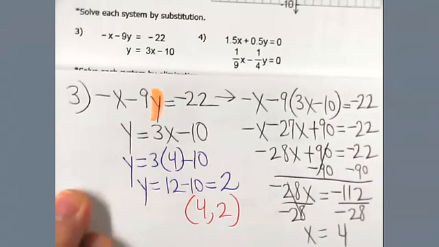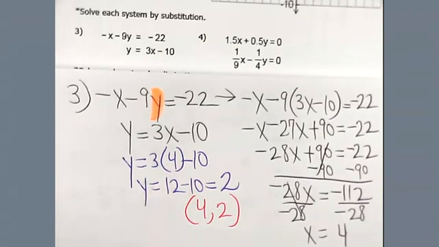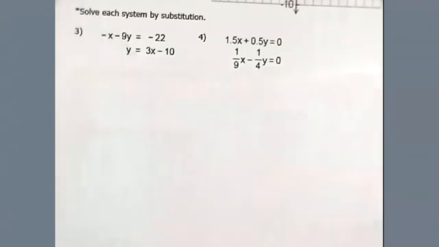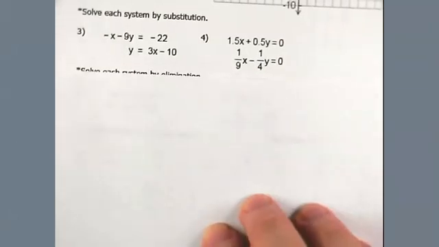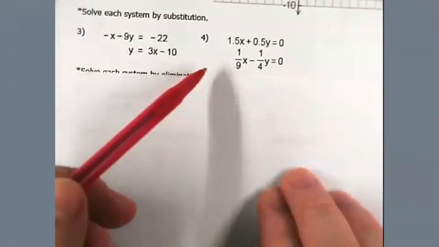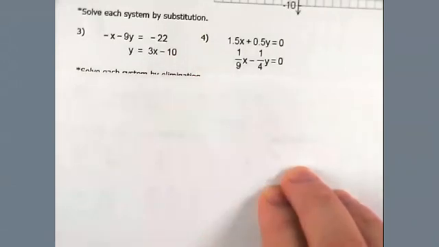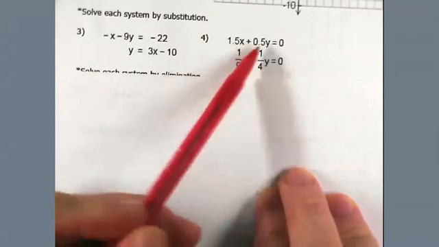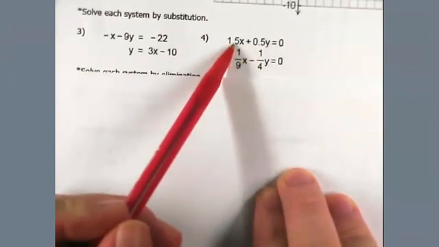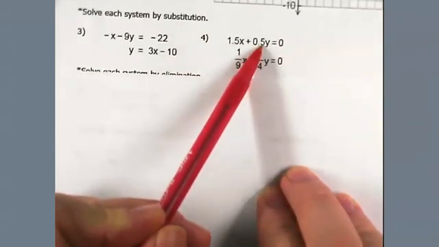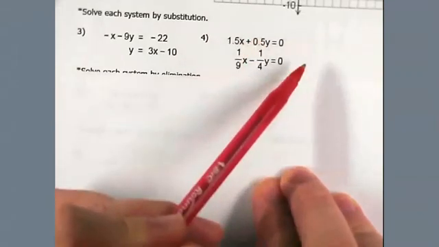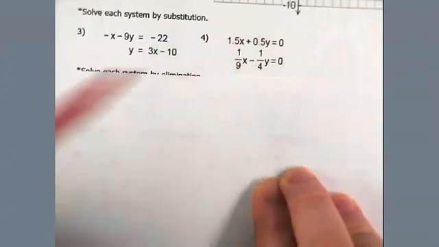Let's look at another system in which you are solving by the substitution method. Number 4 has decimals and fractions, so it's probably a good idea to get rid of both. To get rid of the decimals, we just need to move each decimal point one place to the right, and that's the same thing as multiplying the entire equation by 10.